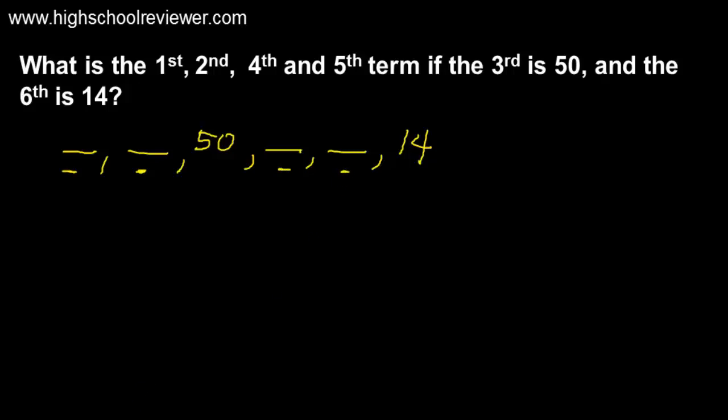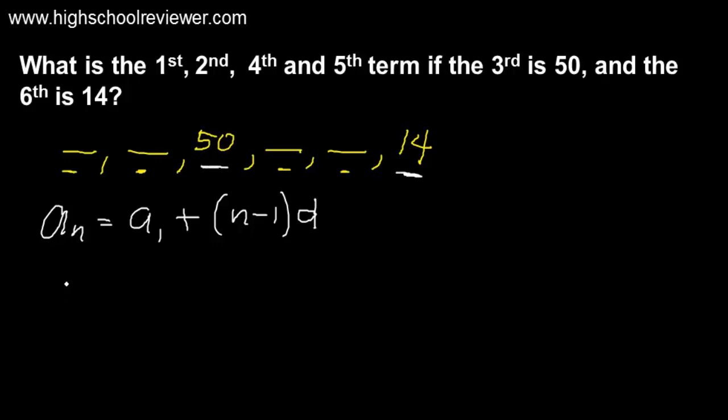The formula for finding the terms of an arithmetic sequence is a sub n equals a sub 1 plus n minus 1 multiplied by d. Since we do not have a sub 1 and we do not have d, we are going to use the equations for the third and the sixth term.